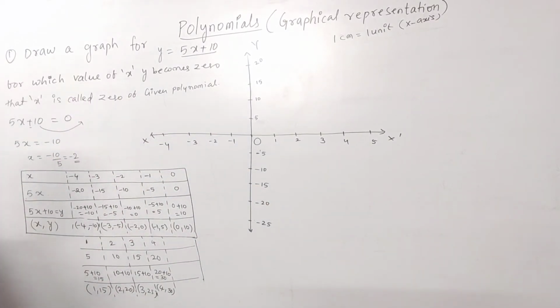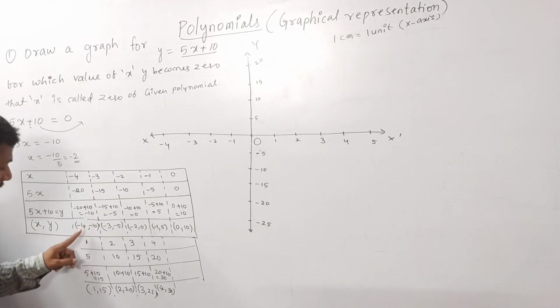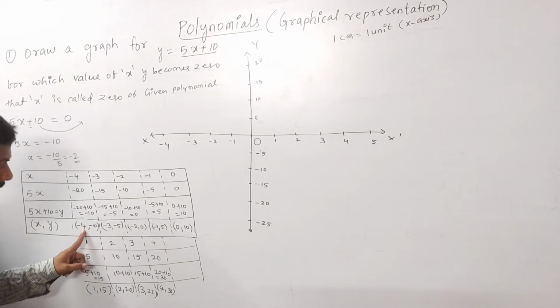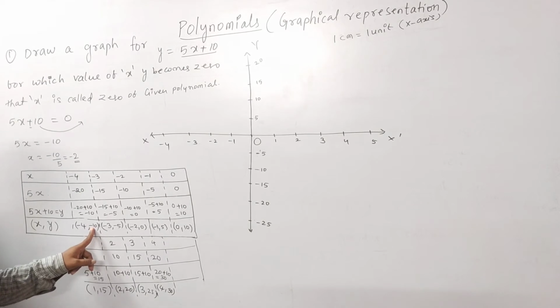Now please see the first location, what is that? -4, -10. What does that mean? X is -4, y is -10. See where that location is. Now I hope that you completed our table.